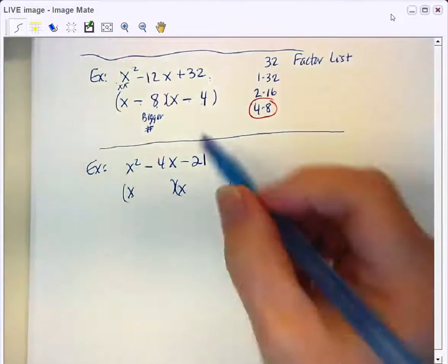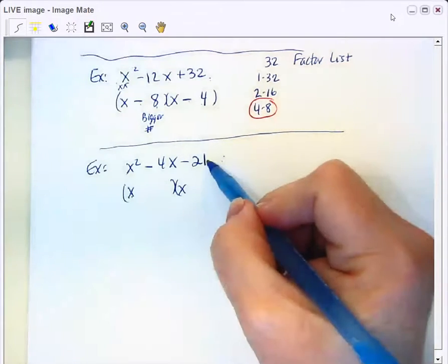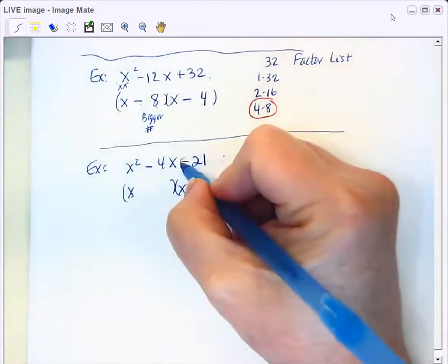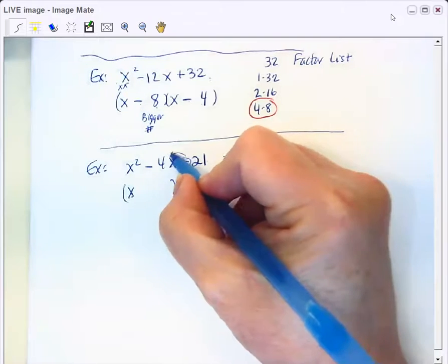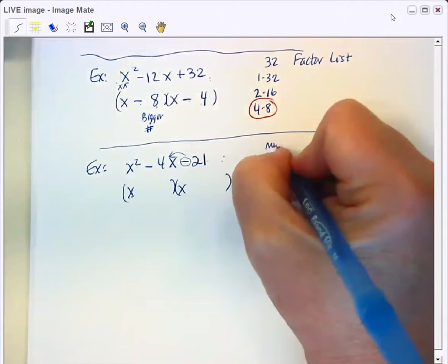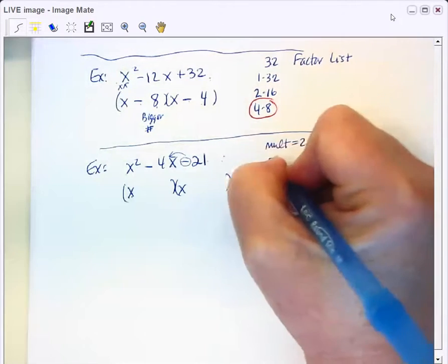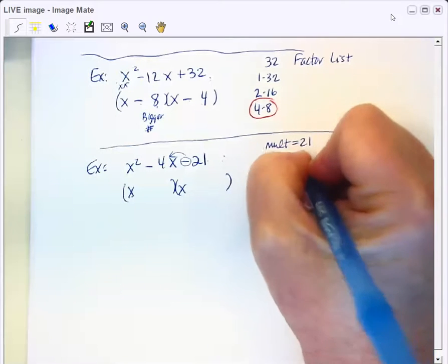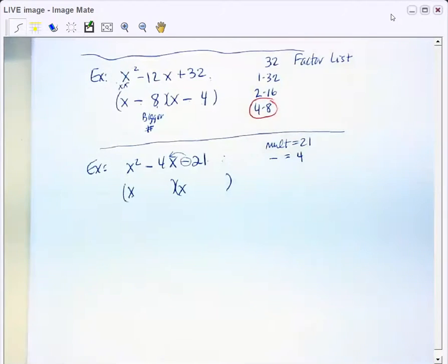Okay, so put in the chat box what times what is going to give me 21, but this time subtract to give me 4. What times what will multiply together to give me 21? Multiply to equal 21 and subtract to equal 4. Put it in the chat box. Good. Nice.